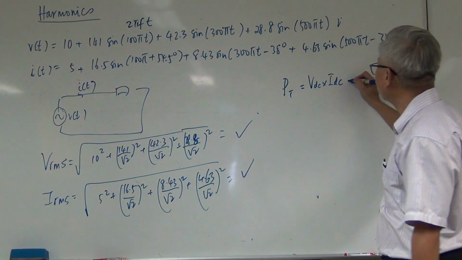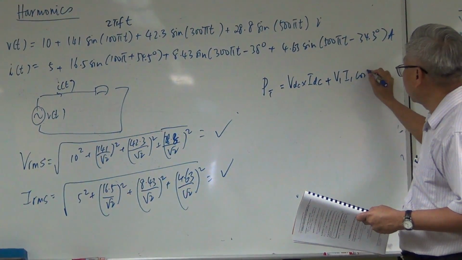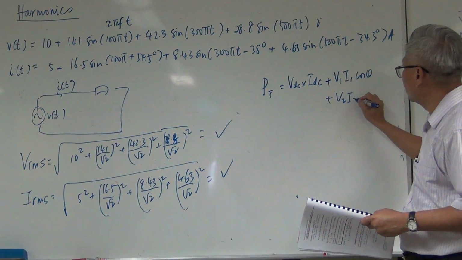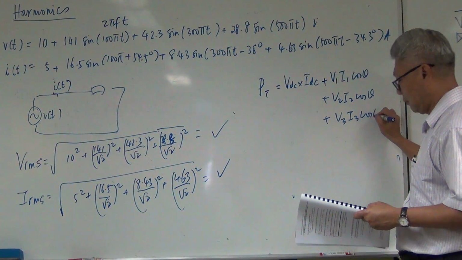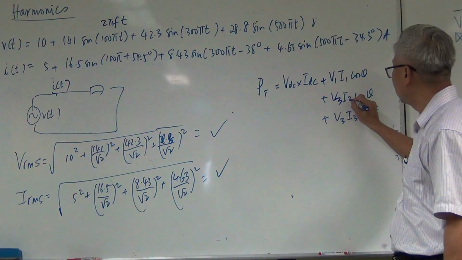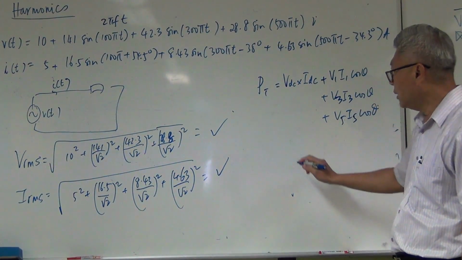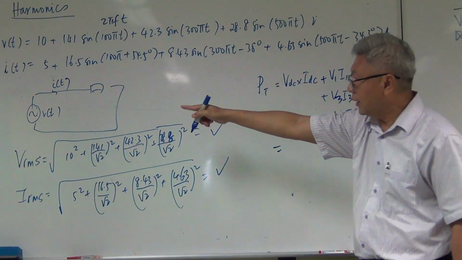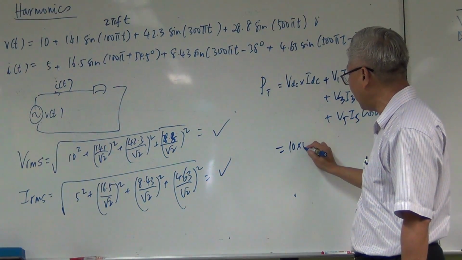But for the second one, you have V1 I1 cosine theta, V3 I3 cosine theta, and V5 I5 cosine theta, because it's the third harmonic and the fifth harmonic. Now, so it's 10 times 5.